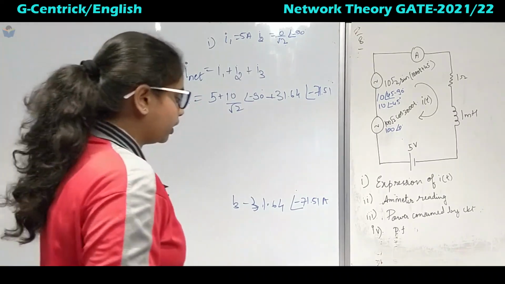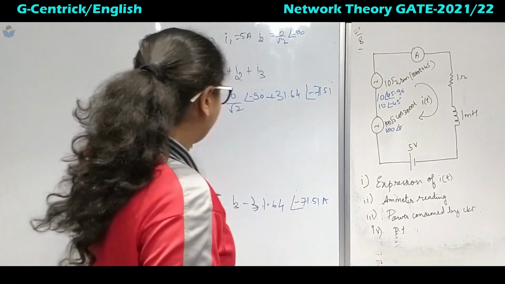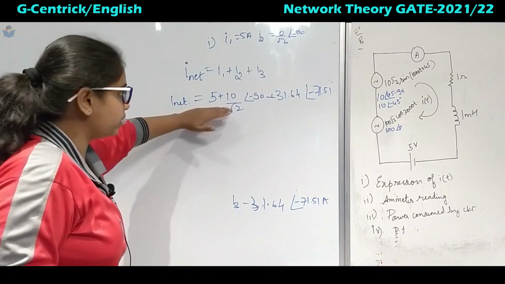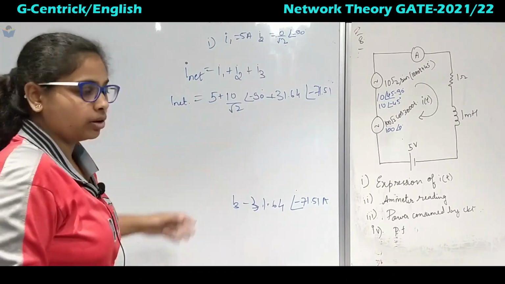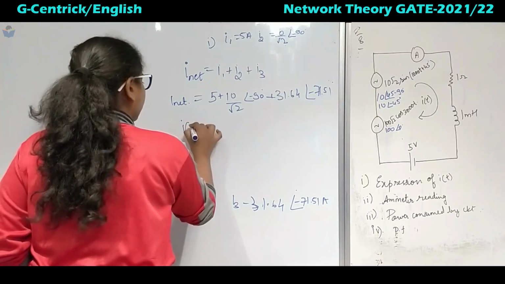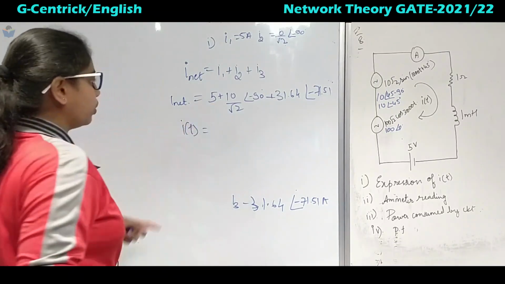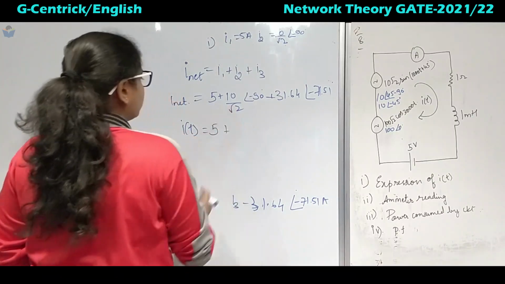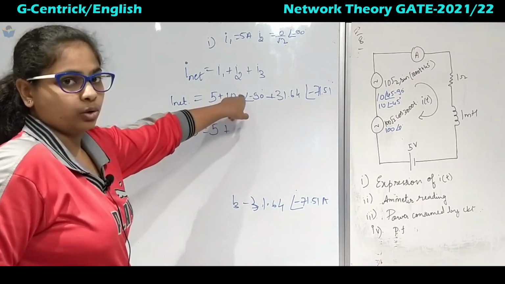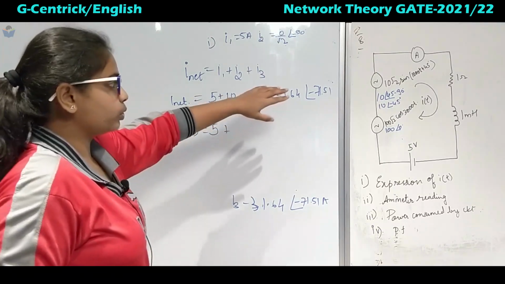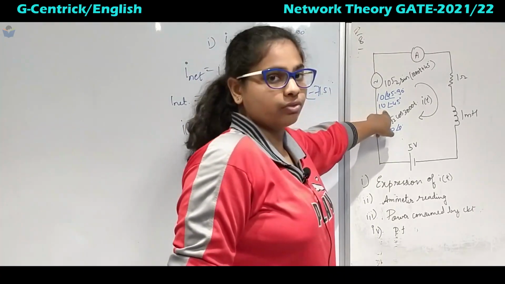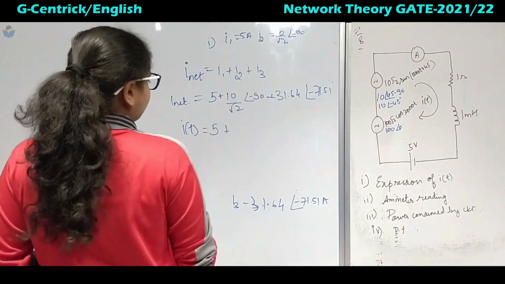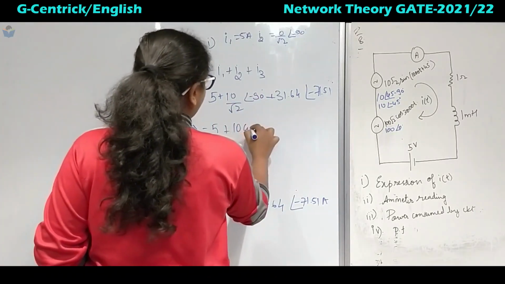Now if I have to get the value of i of t, this is I net, but I have to convert this from phasor domain to time domain. There will be no effect on the DC value, so I will keep it as it is. For this one I have to multiply by root 2 because I had divided by root 2 in converting to phasor. So root 2 gets cancelled and I will be left with 10.